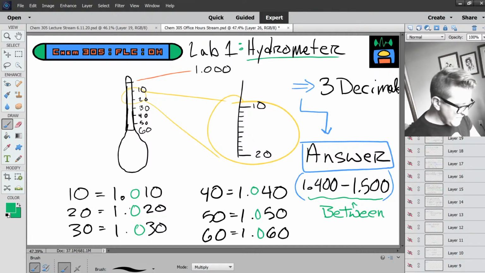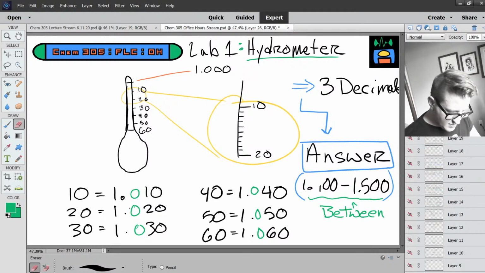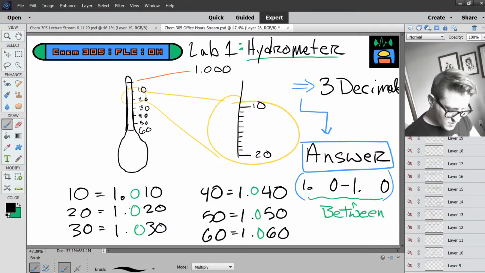Right, so that means, let me just fix this. There we go.